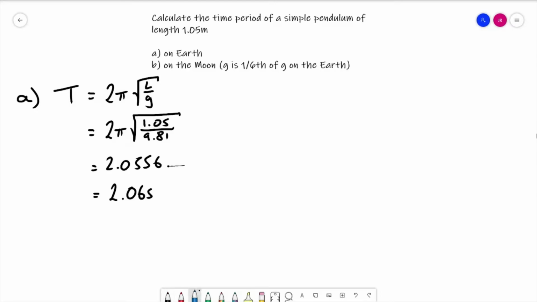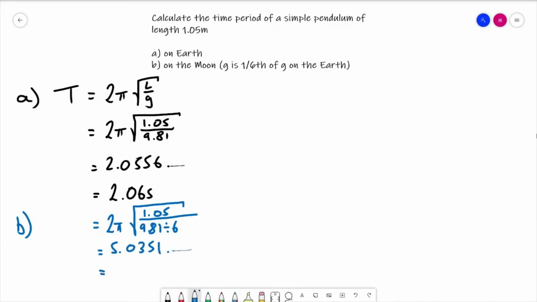Of course, for B, we're just going to take the same approach. So T is equal to 2 pi root L over g. So 2 pi times root of 1.05 over 9.81 divided by 6. That gives us an answer on the calculator of 5.0351.